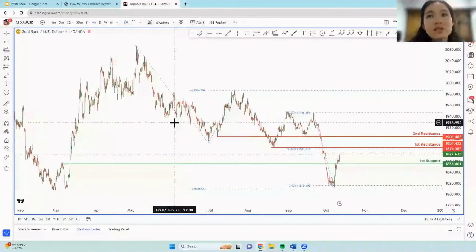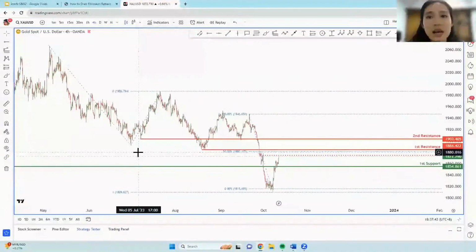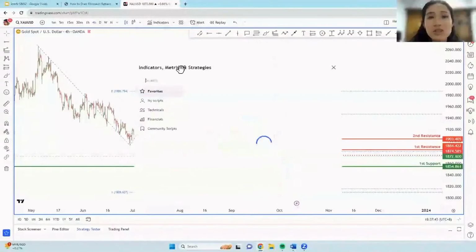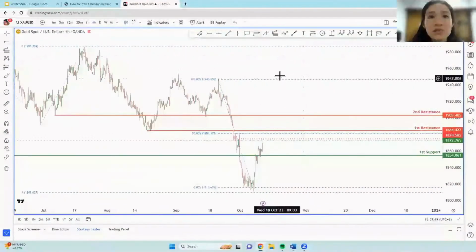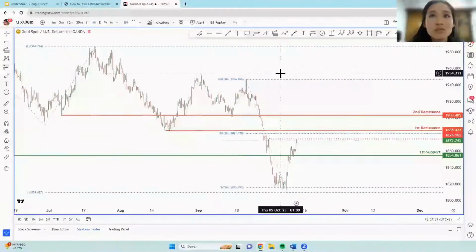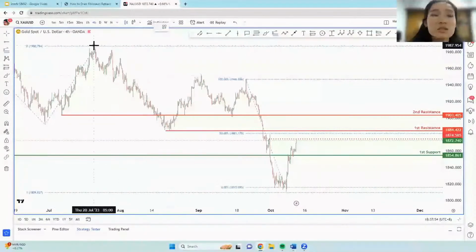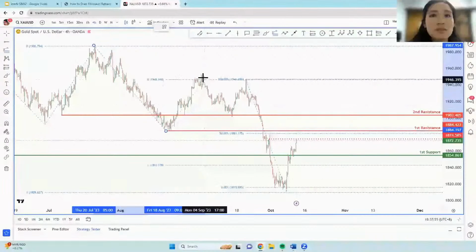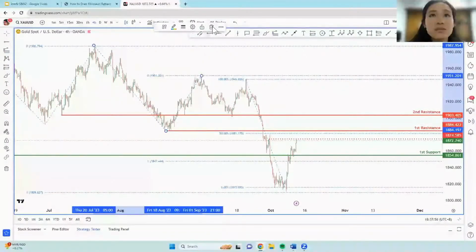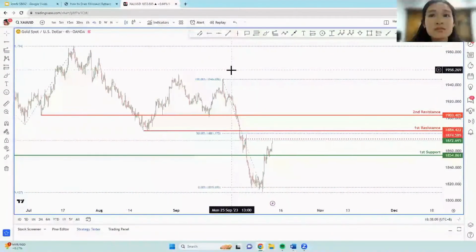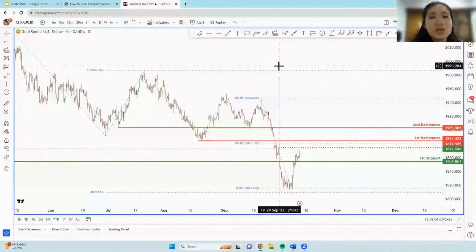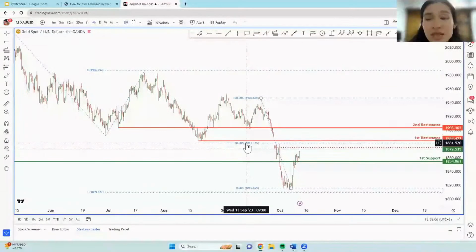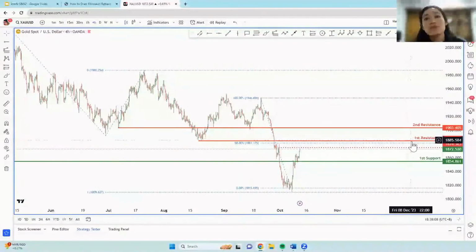I think that's all the levels that we have for now. Now let's go in with some indicators. Over here, we can see that this 50% lines up nicely with my first resistance.